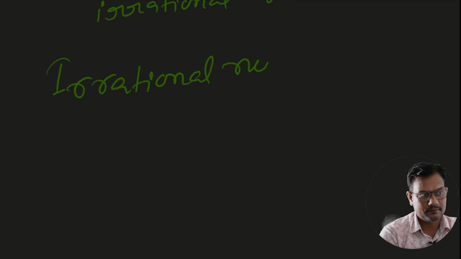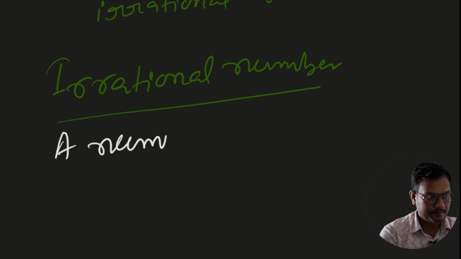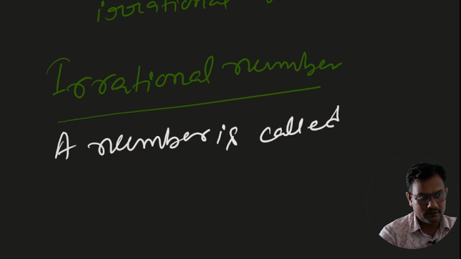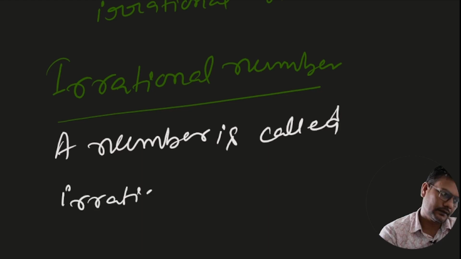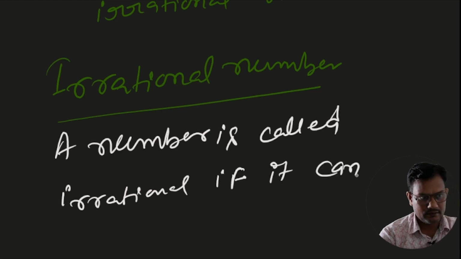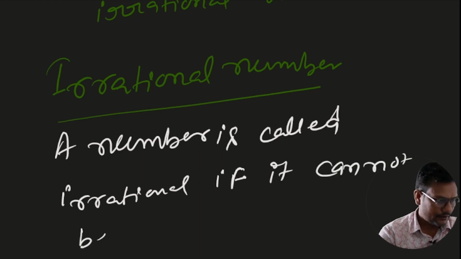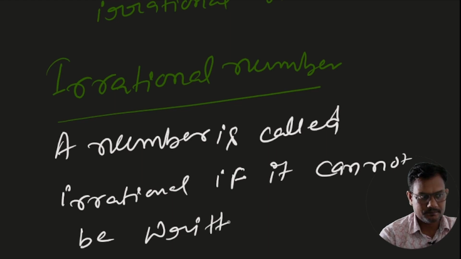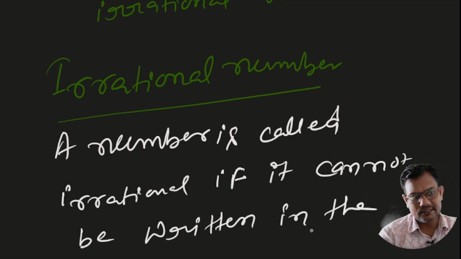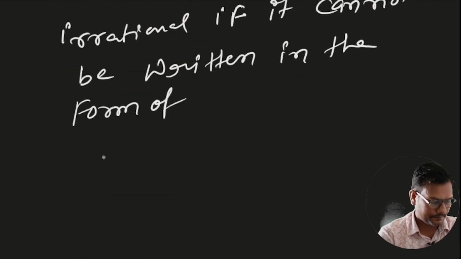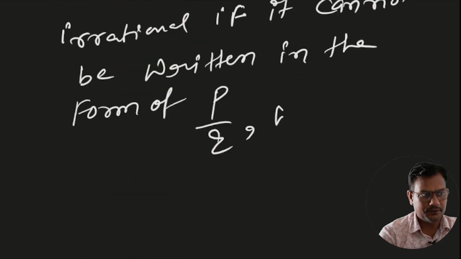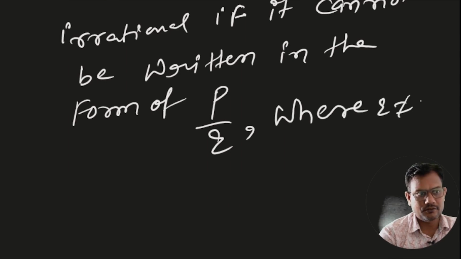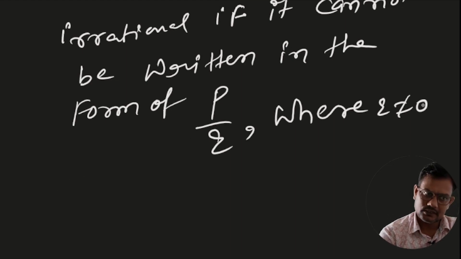That means a number is called irrational if it cannot be written in the form of p by q, where q is not equal to 0. Understood?